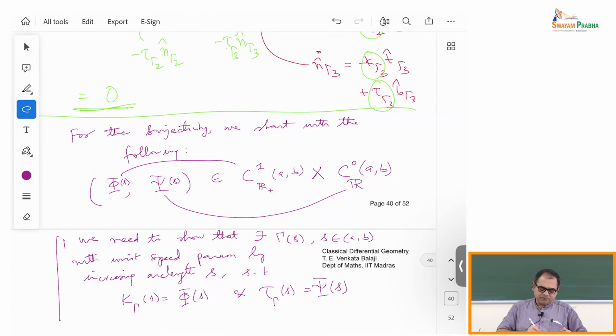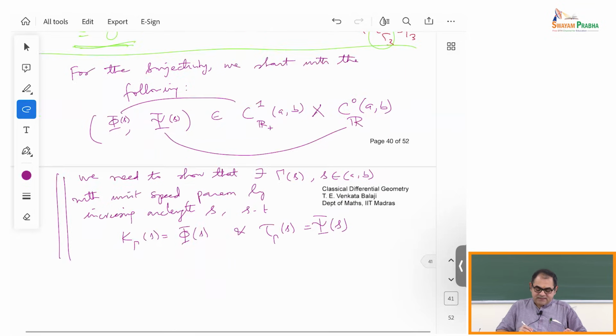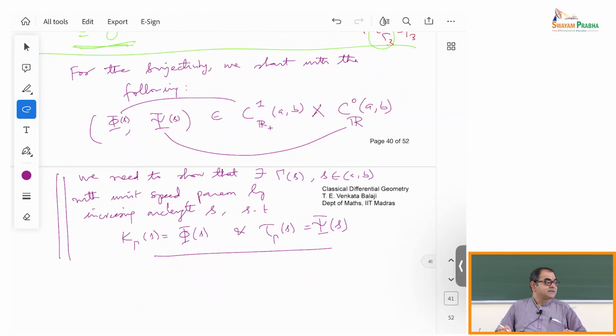This is what you have to show. This is the surjectivity. So you have to construct this curve. If such a curve exists, then its Frenet-Serret frame has to satisfy the Frenet-Serret differential equation, and the Frenet-Serret differential equation is controlled by the curvature and torsion, and those are the functions that are already given to you. Therefore, first solve that differential equation.